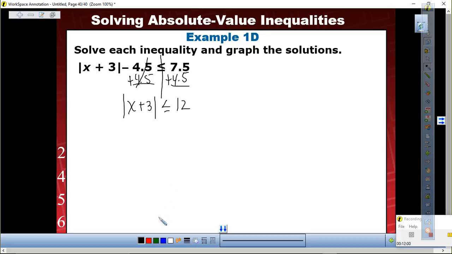Pass to someone. Sebastian. After that, you have x plus 3 greater than or equal to -4, and x plus 3 less than or equal to +4. Pass to someone.